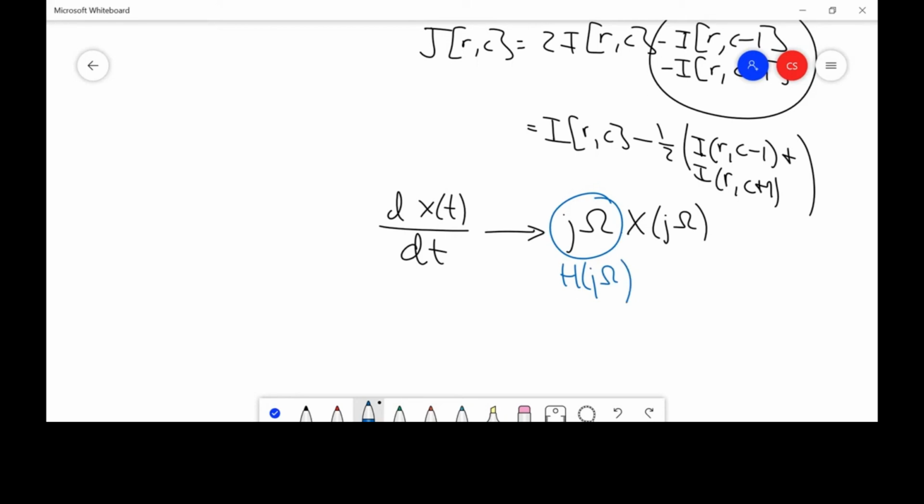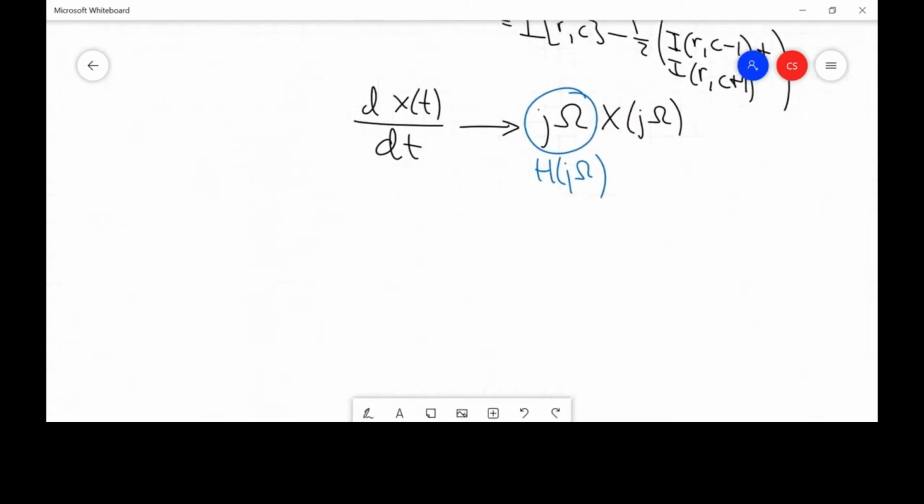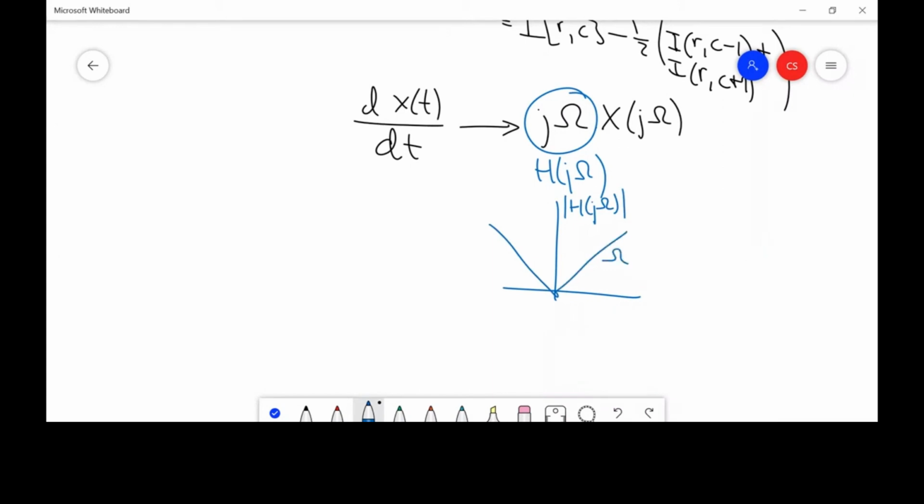And if I draw what this filter looks like, the module of this filter looks like this. This is omega, and the module of this is just the absolute value of omega.